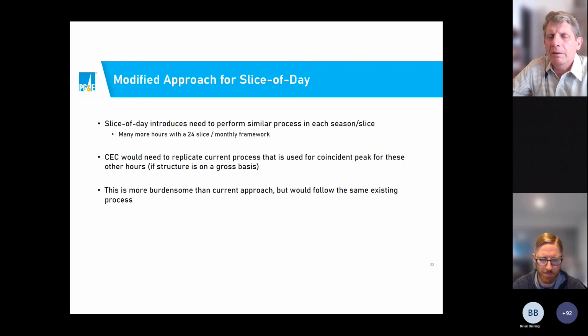They are undergoing that. I'm not sure where exactly that is in the stakeholder process at the ISO, but questions like that, which are very much ISO-centric in terms of how they're doing that analysis, I think need to be addressed at the ISO through an ISO stakeholder process.